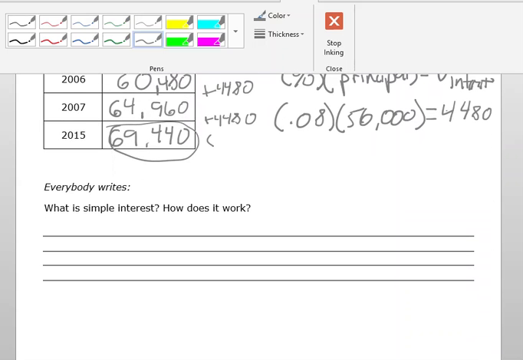So, what is simple interest and how does it work?